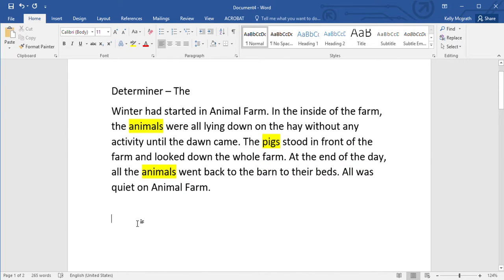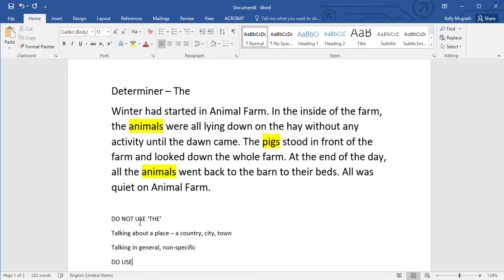So just a recap of the rules. We do not use the determiner "the" when talking about a place, such as a country, city, or a town. Do not use it when talking in general and non-specific.